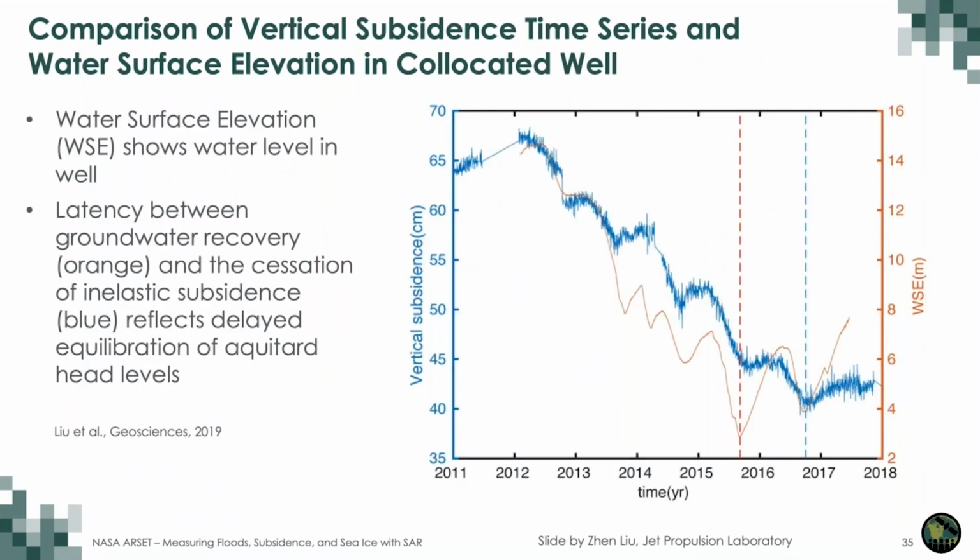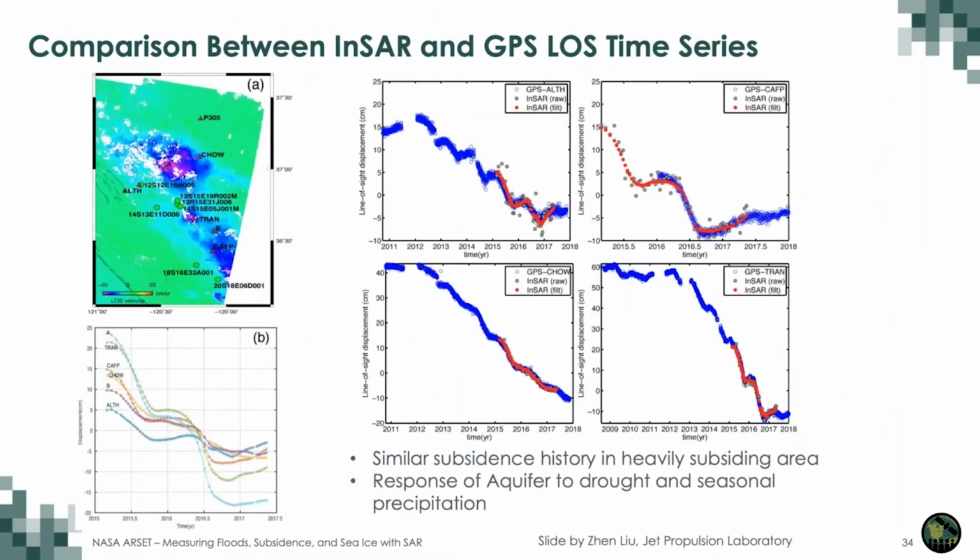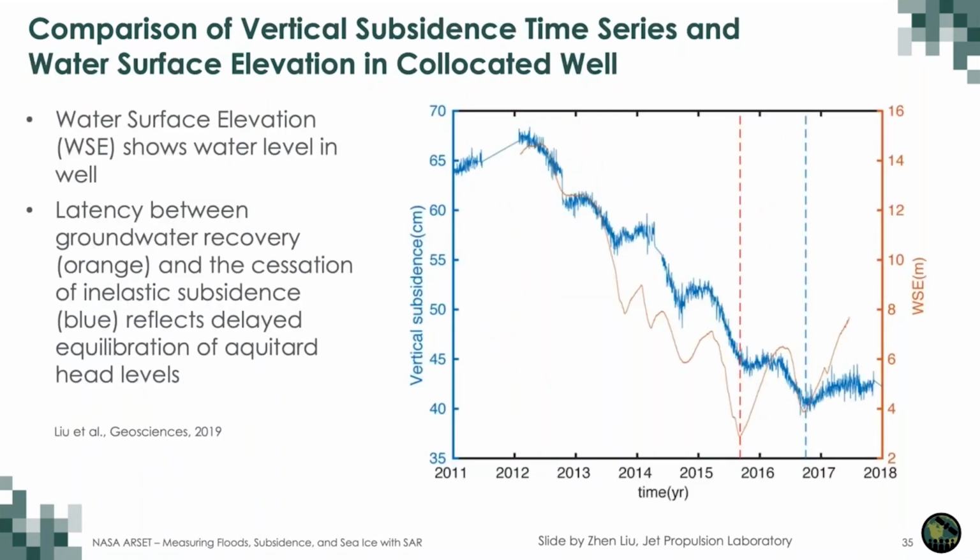And this is a comparison between the water surface elevation again and a well that was monitored more frequently. This well was located in the San Joaquin Valley. This was published in Jean-Liu's paper here, Geosciences 2019. The orange line shows the water surface elevation, and the blue line shows the ground subsidence.